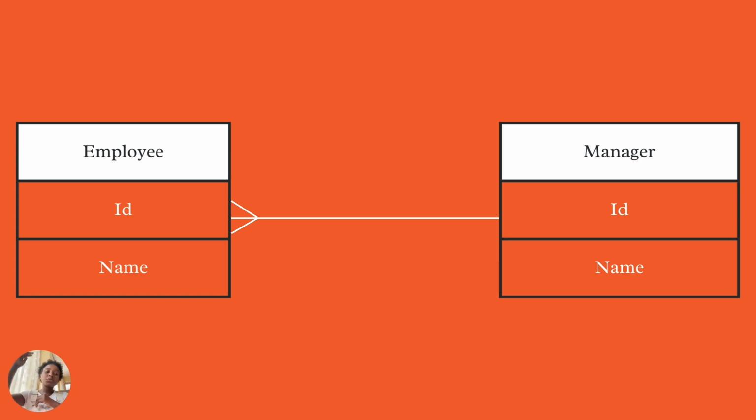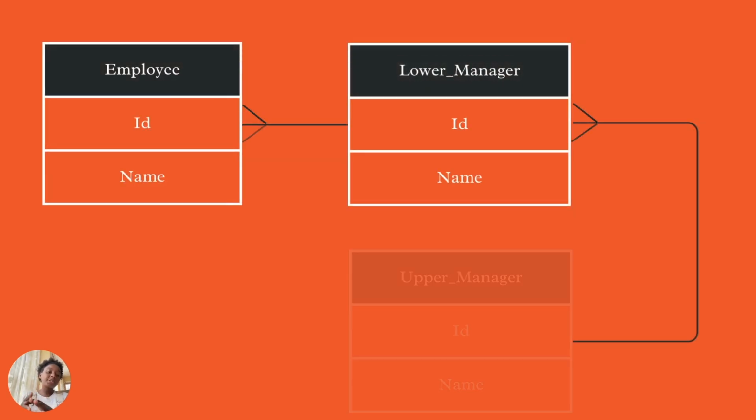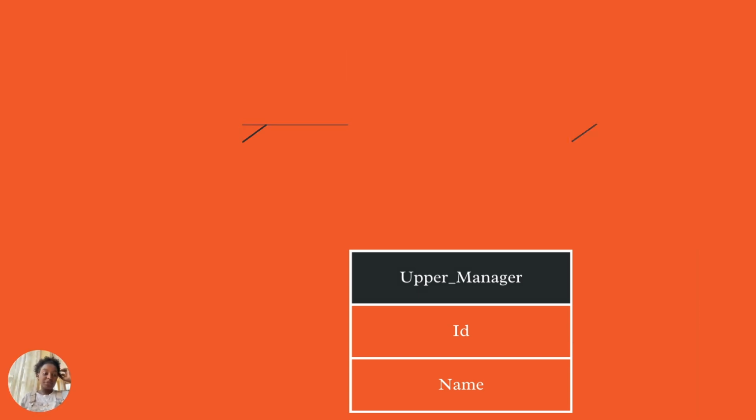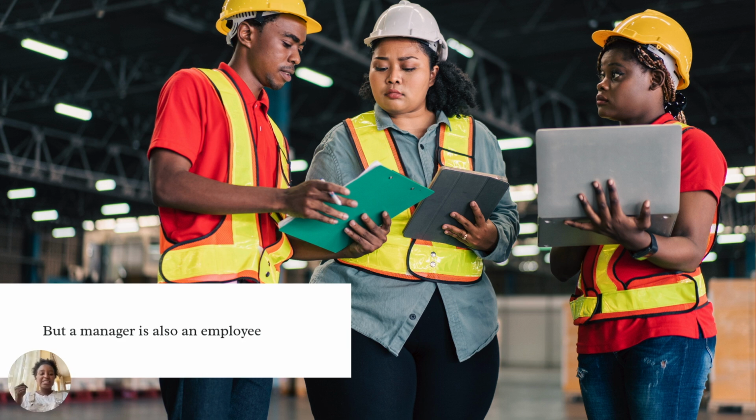So C-suite, senior managers, junior managers, you get the idea, according to your organization. If we were to demonstrate this, we'd have an employee table, then another table for lower managers, then another for upper managers, and then another for C-suite managers, depending on the company you're working with. That doesn't look neat, and it would be really complicated.